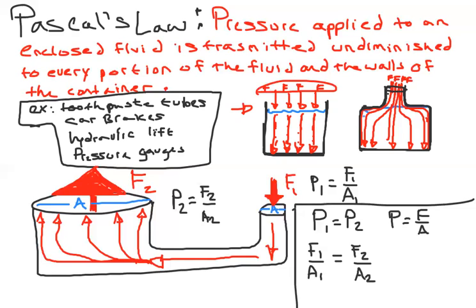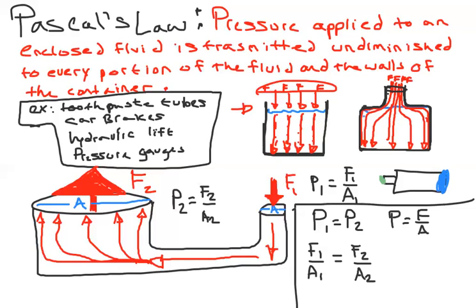When you have a toothpaste tube and it's brand new, you don't have to press where the nozzle is to make toothpaste come out, do you? You can press all the way at the other end. If I squeeze this end of the toothpaste tube, toothpaste will come out of the nozzle.